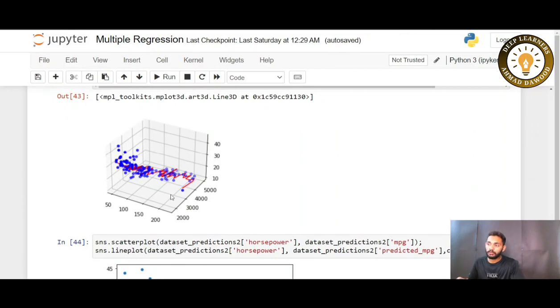Now, maybe you get confused that this is a line and I have shown you a plane. It's also the customization of Matplotlib. Maybe there is some module available in Matplotlib that can give you a plane, but actually this is a plane. Due to the Matplotlib plot 3D function, I am getting just a line here, but this is actually a plane.